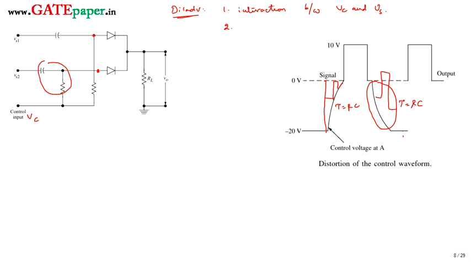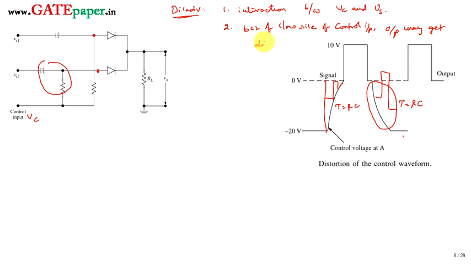This is a disadvantage. Because of the slow rise time of the control input, it is not instantaneous, and the output may get distorted.